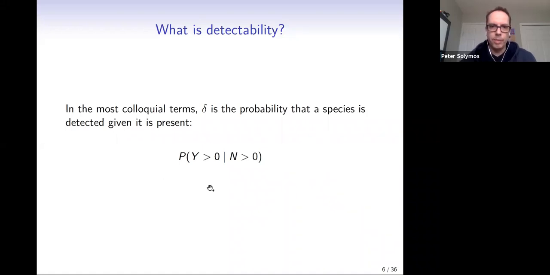And this notation means probability of Y greater than 0 given that N is greater than 0. And this pipe here in the middle indicates that this observation is conditional on this true state. So this is a notation that we will use for conditional probability: given that there is anything present, do we detect something greater than 0.